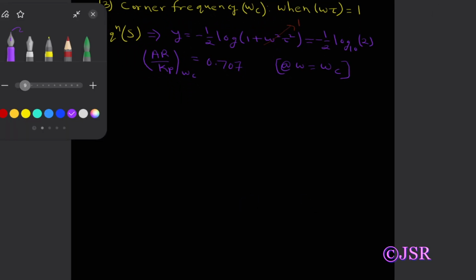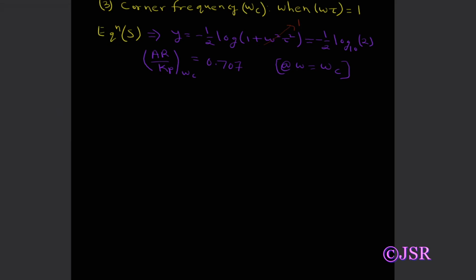Similarly, for the phase plot, we will have phi versus omega, and again we have to follow all three rules.